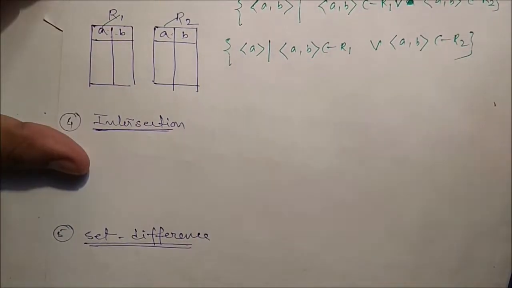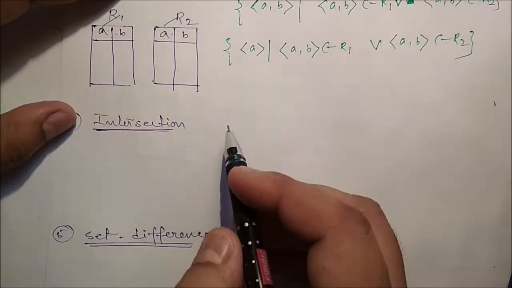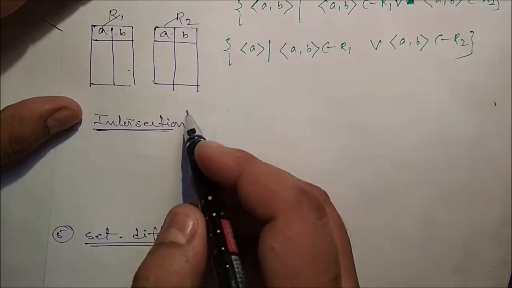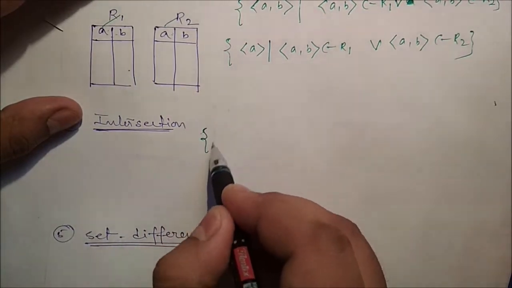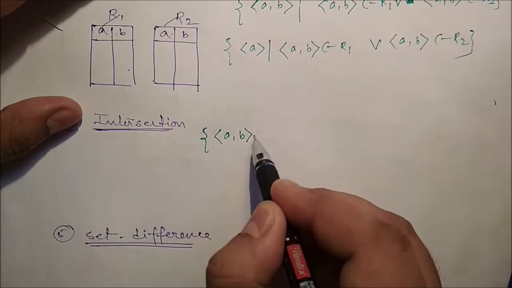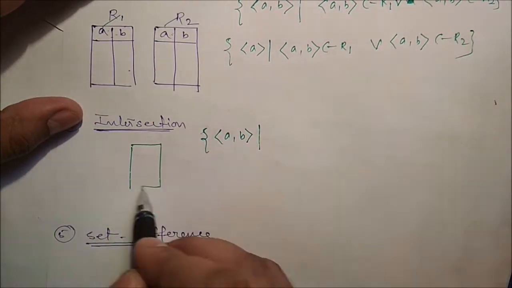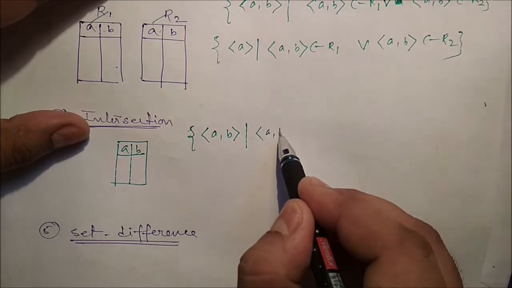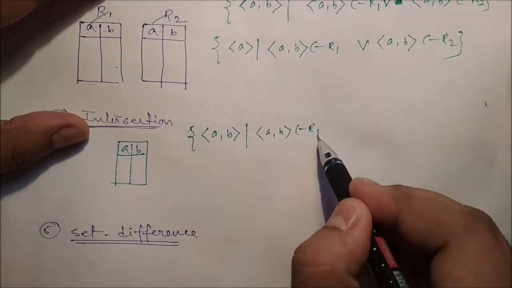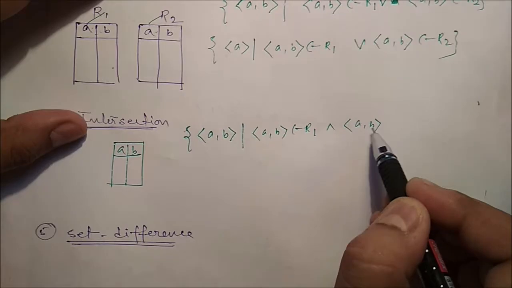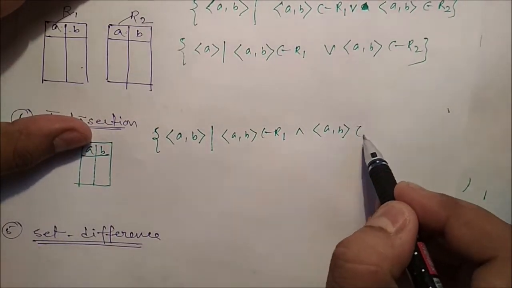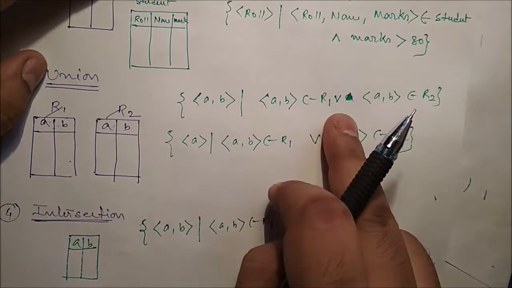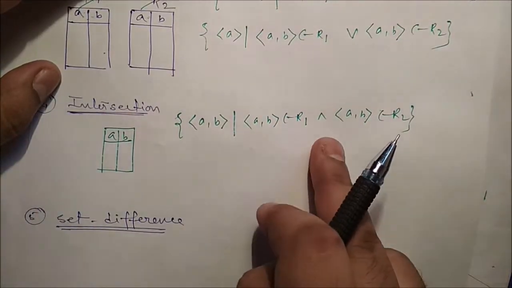Next we have intersection between two tables. It is very simple. After intersection, AB must be there: AB where AB belongs to R1 and AB belongs to R2. So in union we use the OR operation, and in intersection we use the AND operation.